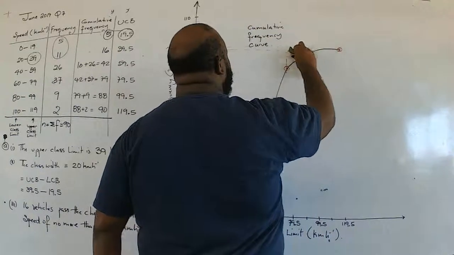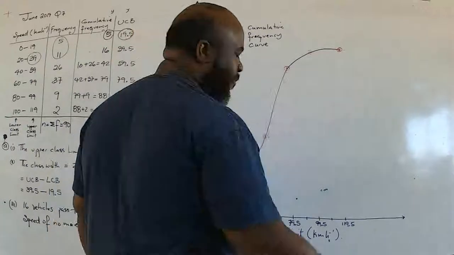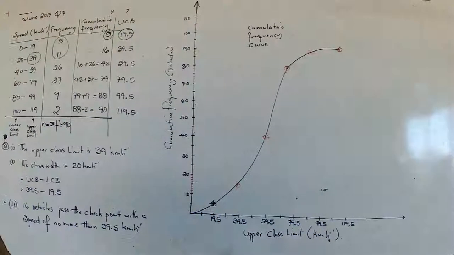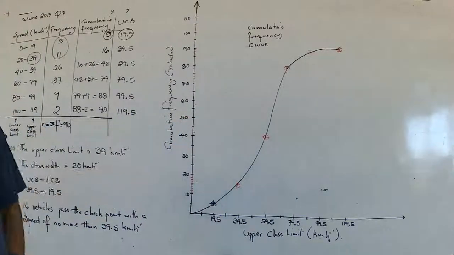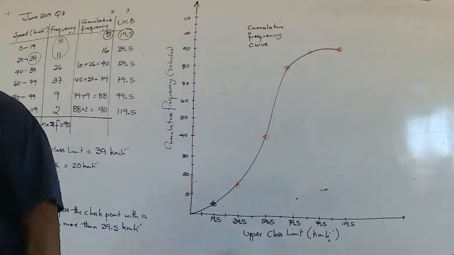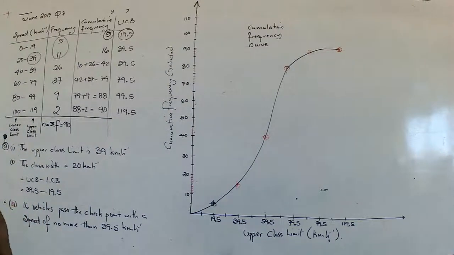Can I tell you what your graph represents? On your graph, every point is a vehicle and the speed at which it passes the checkpoint.